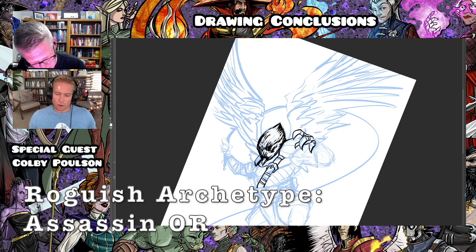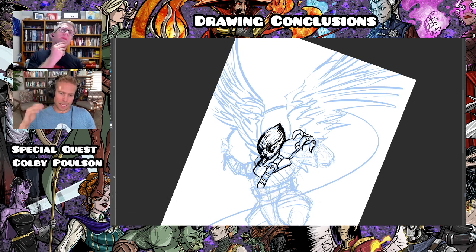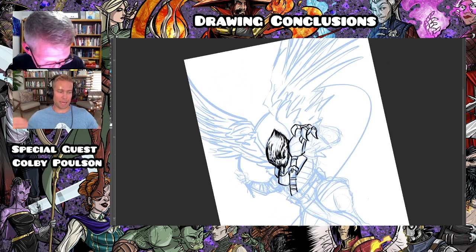If you really want to focus on getting the drop on your enemies and hitting really, really hard right at the beginning of combat, it's a great option, because as an assassin, attacks against a surprised target have advantage. They all have advantage, and they automatically are a critical hit if they hit, which means tons of extra damage if we're adding all these extra dice, right, for our big burst round. I love the assassin subclass.